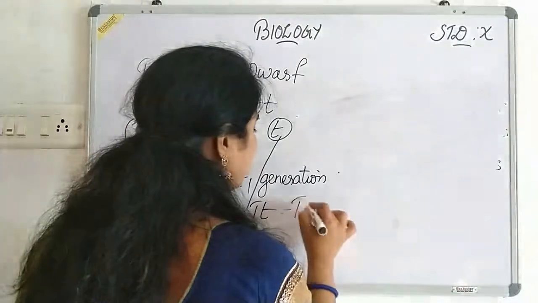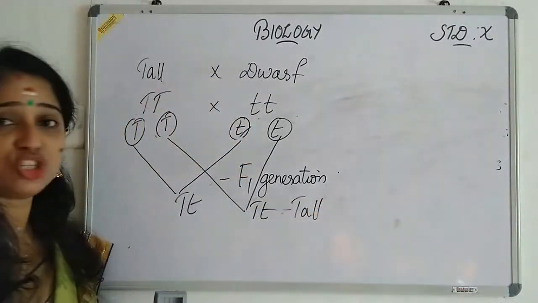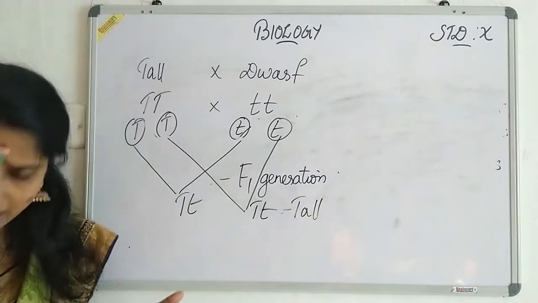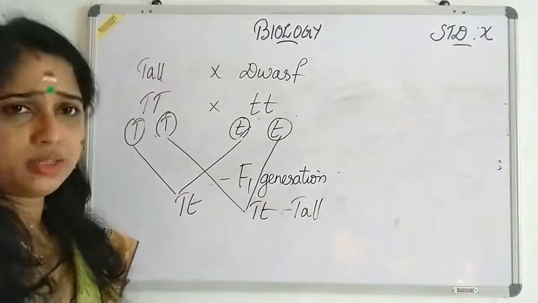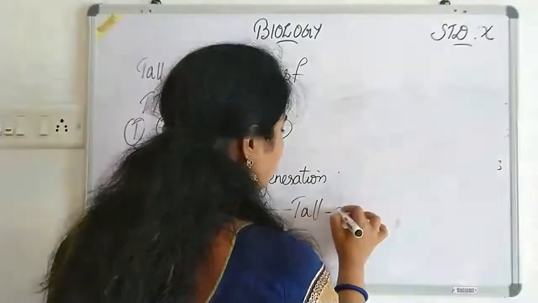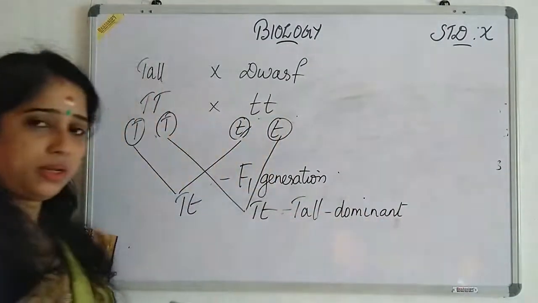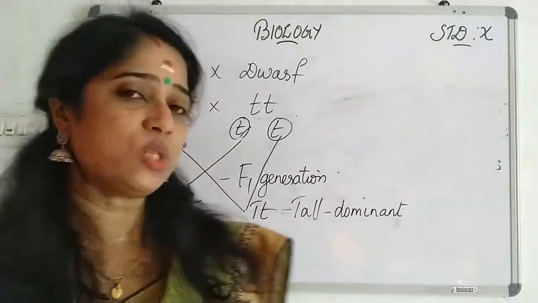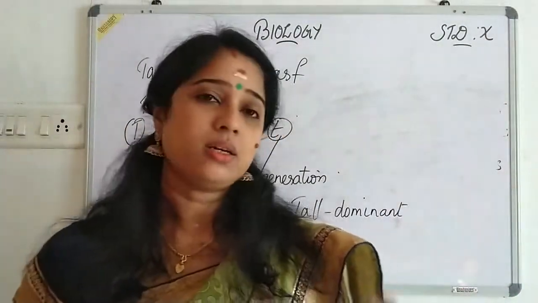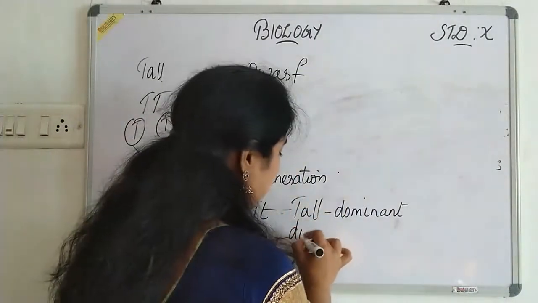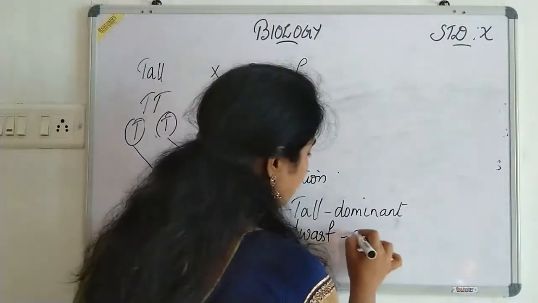In the first generation, F1 generation, Mendel could see that all the plants are tall. And he got really confused because he had crossed tall and dwarf. And he called this tall as what? Dominant. Another important thing, because it expressed, he called it dominant. And the other character, the small t or dwarfness, he called it what?